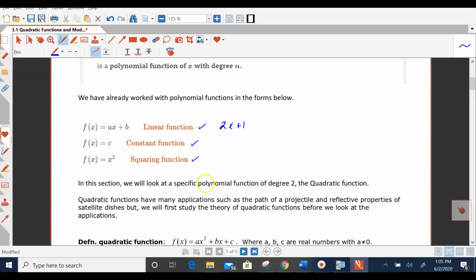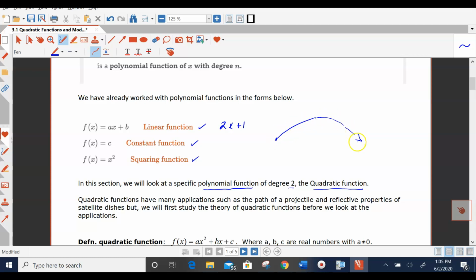So we're going to look at polynomial functions of degree 2, and the fancy name for those would be a quadratic function. So we're going to see many applications, such as the path of a projectile. If you were to throw something forward, that projectile goes up, but it eventually has to come back down, right?